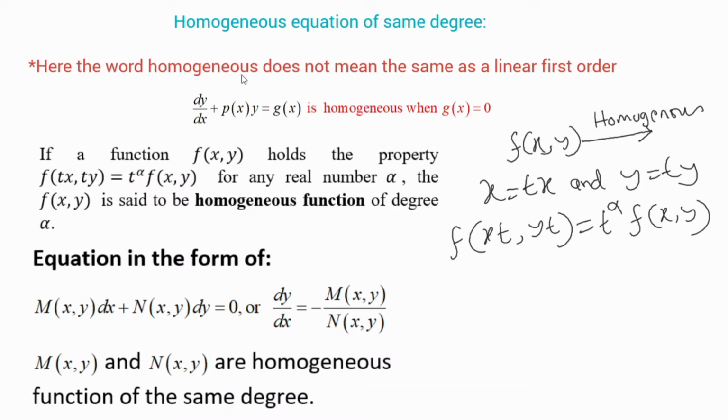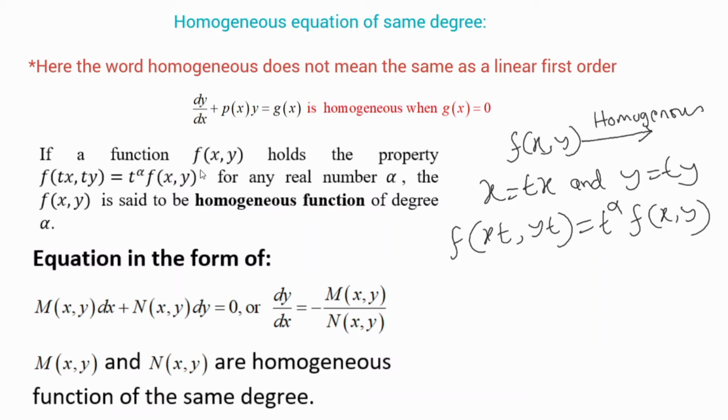This homogeneous equation does not mean the same as linear first order differential equations, dy/dx plus p(x)y equals g(x), where g(x), the function of the independent variable, is the source term. When it is 0, we call it a homogeneous equation, but here this homogeneous equation does not mean the same thing.